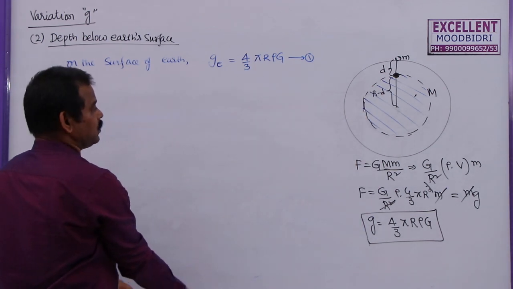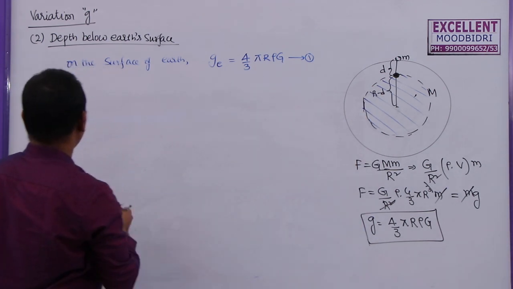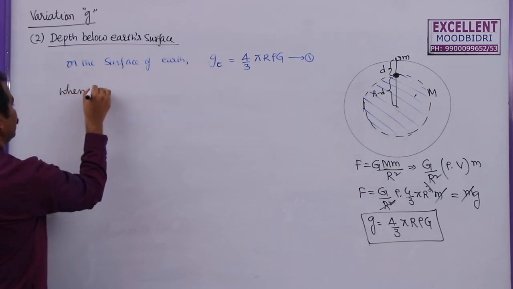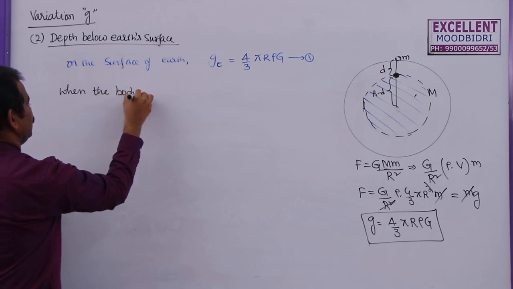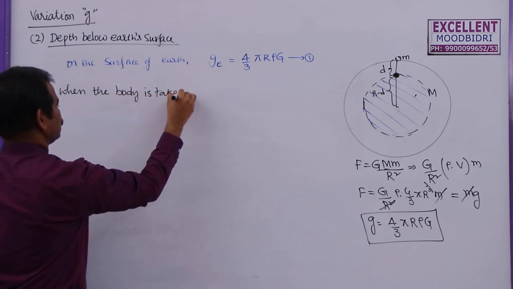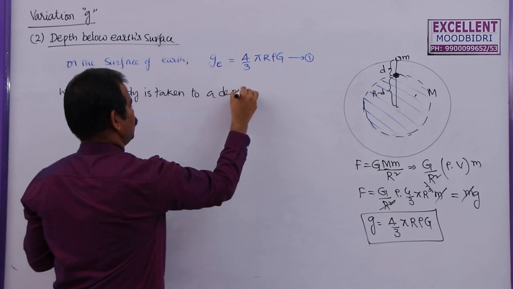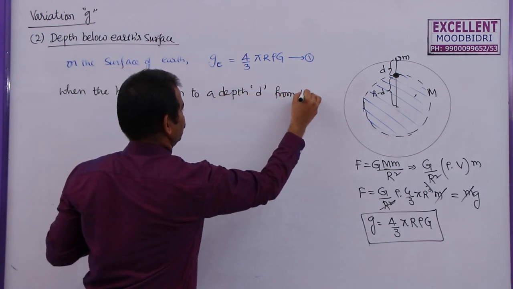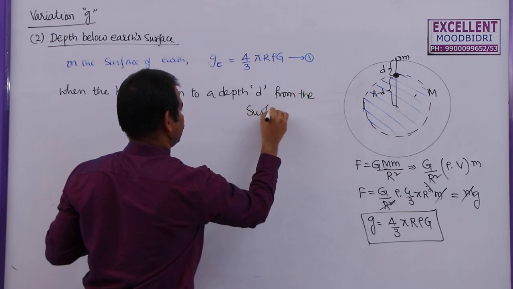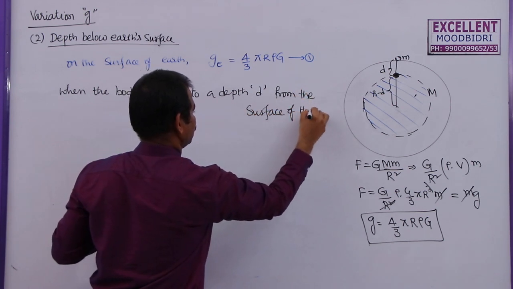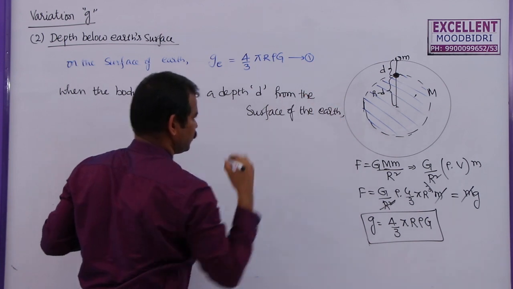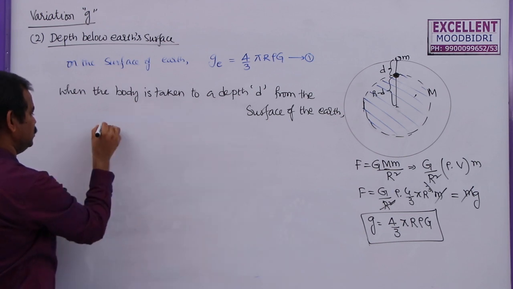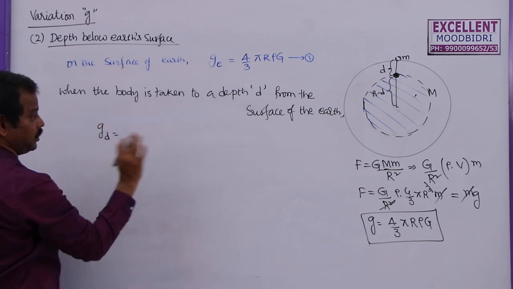Now, what is the force of attraction between these two? When the body is taken to a depth small d from the surface of earth, I am going to write the small g value at a depth d, not on the surface of earth.